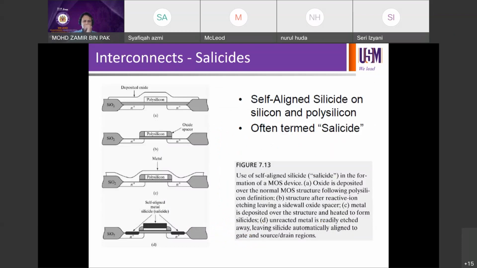Another form is called salicide, self-aligned silicide on polysilicon. Often termed salicide. There are many contact configurations that we can use when we talk about MOSFET. Later let's explore how the contact or the interconnect looks on FinFET in comparison to this.